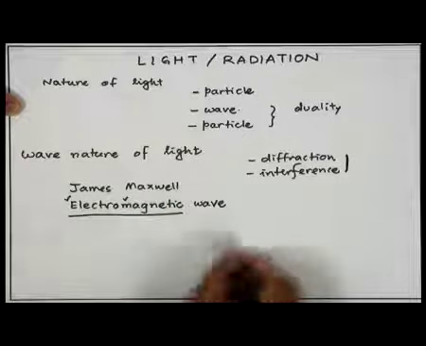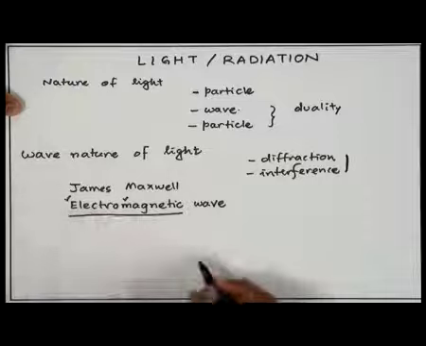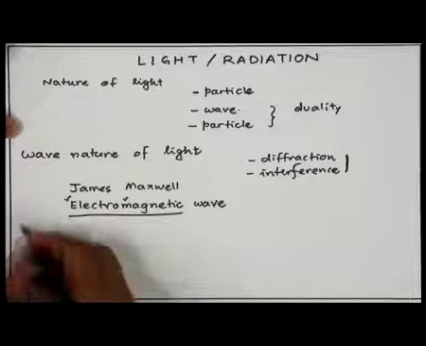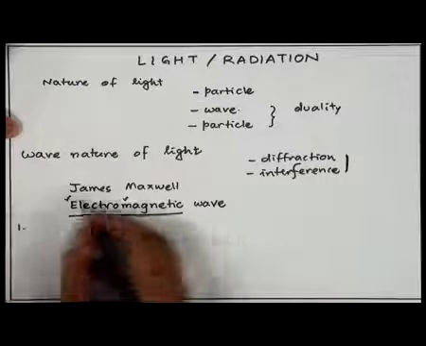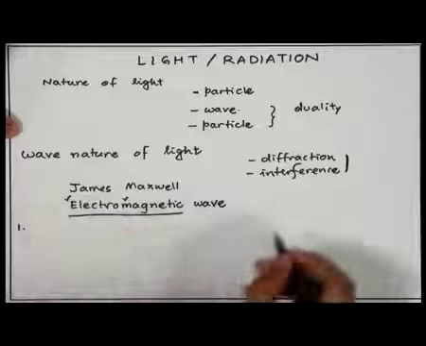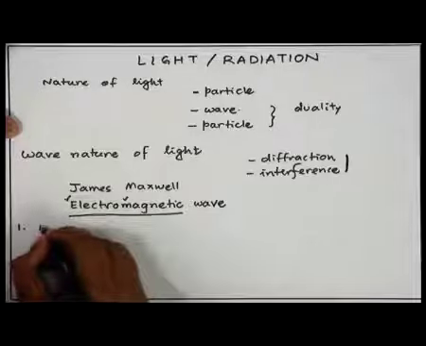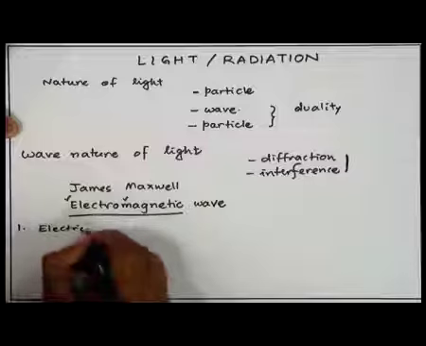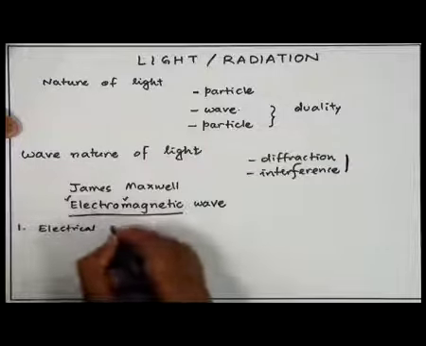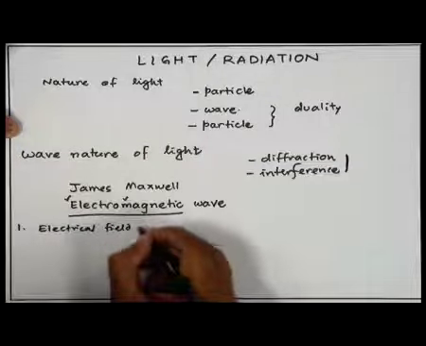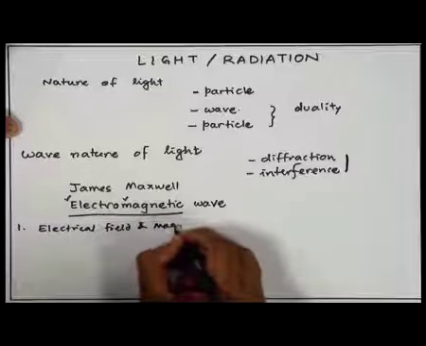So, it is a special kind of wave that James Maxwell proposed. As the name suggests, this electromagnetic radiation has an electrical field and a magnetic field.